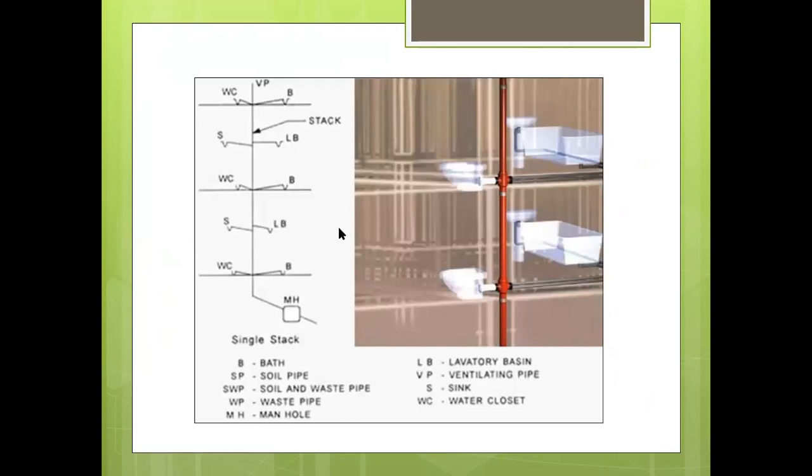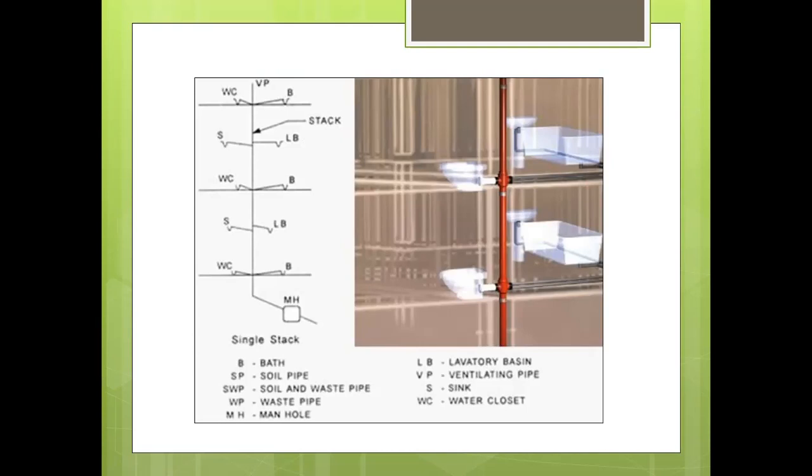As you can see in this figure, the center line projects the single pipe. It is called the soil and waste pipe, which is SWP, S means soil. This pipe terminates as the vent pipe at its top, and no separate vent pipe is provided.